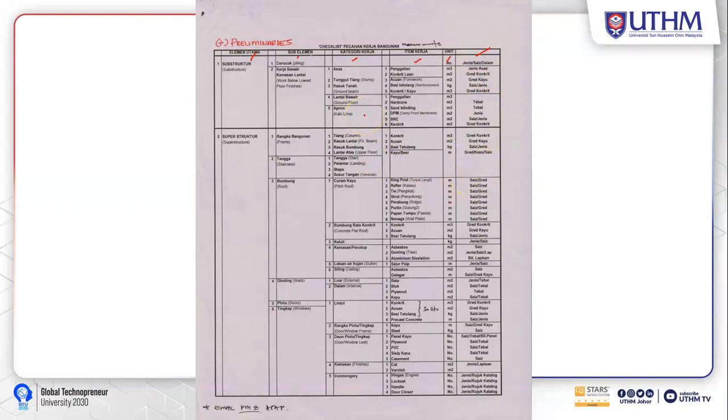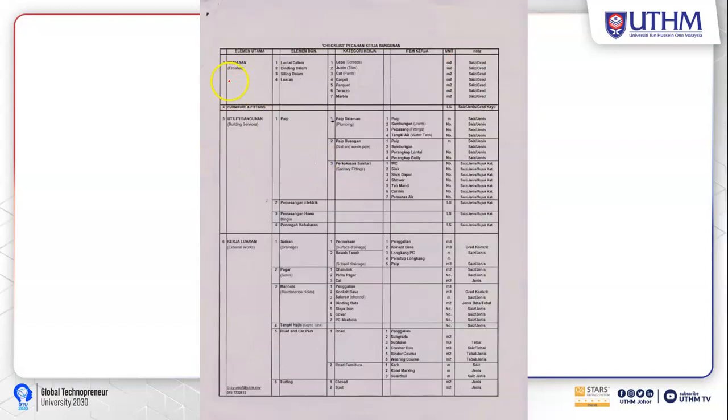You can go and look into this table, because every element of construction starts with the preliminary work, and then we have the substructure, the superstructure element, the finishes, the fittings, utility of building, and the external work.